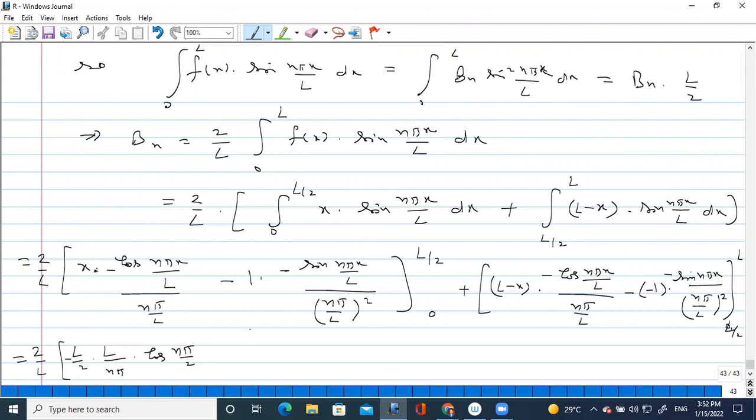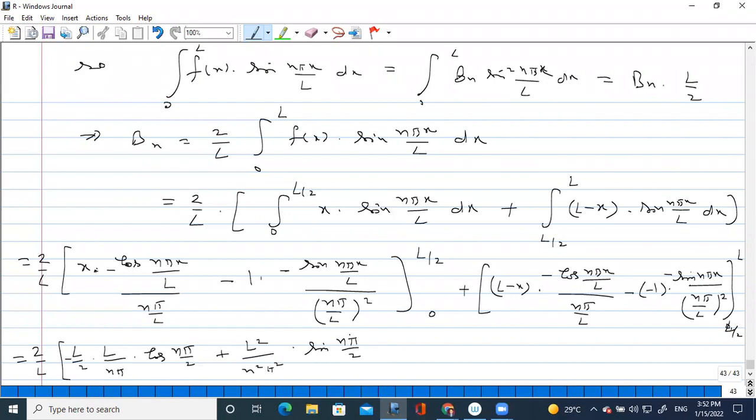Okay, so it will become L square by n pi square plus L square by n square pi square into sin(n pi by 2). Done.